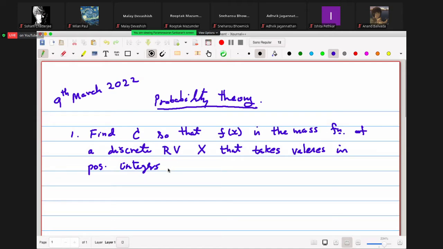Okay, so f of x is equal to, these are easy problems. So you see c times 2 power minus x. So this is subdivision A, division B. I may not discuss everything.